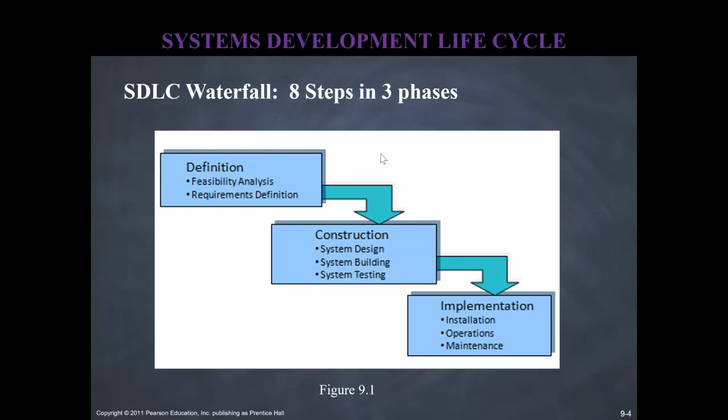In the definition phase, one of the things we focus on first typically is feasibility. There's a study done usually before you embark and even budget for the rest of the project around how feasible is this system. Do we have the technical capability? Do we have the technical tools? Do we have the technical skills?